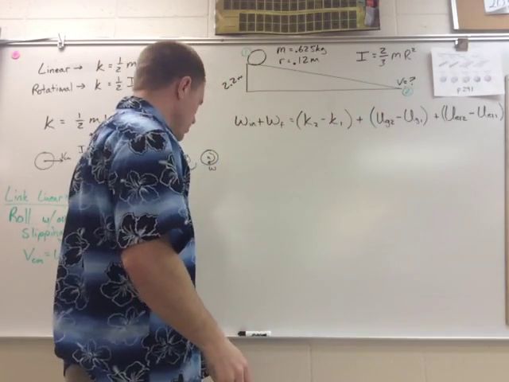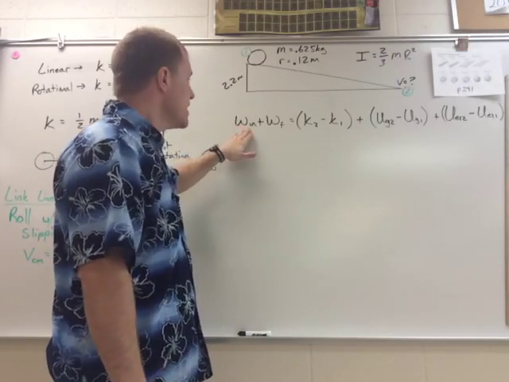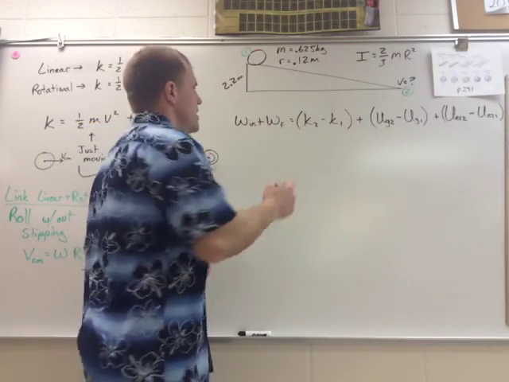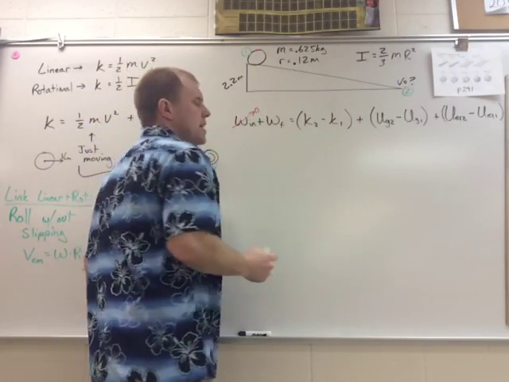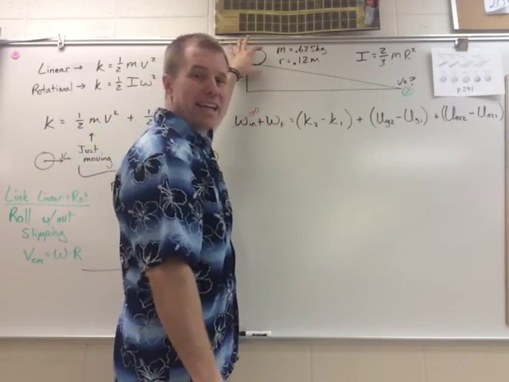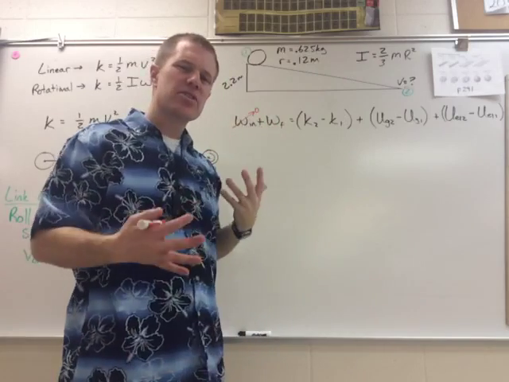Okay. So we're going to ask ourselves some questions and cross some stuff out. So work in. Is there anyone pushing the basketball as it goes from point 1 to point 2? The answer is no. Is there any friction? Now, you'd say, well, if there was no friction, guess what? It wouldn't roll. But there is friction, so it is rolling.